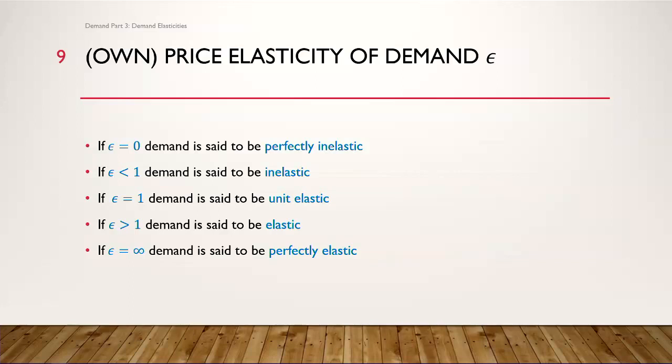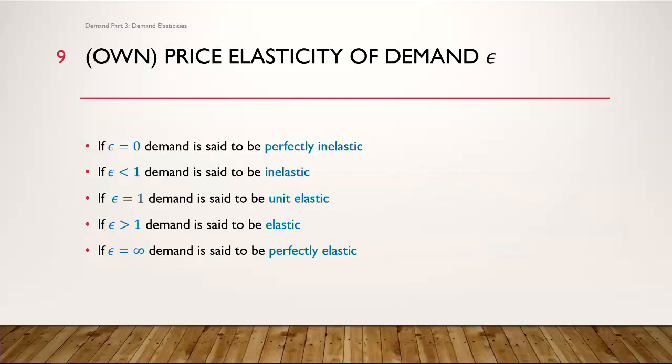So a few reasonable definitions for elasticity. If the elasticity is 0, then we're saying when the price of X goes up by 10%, quantity demanded doesn't change at all. Then we say that demand is perfectly inelastic, absolutely no change in demand. If elasticity is less than 1, we say demand is inelastic.